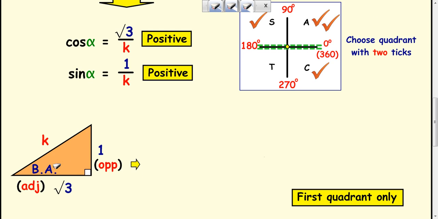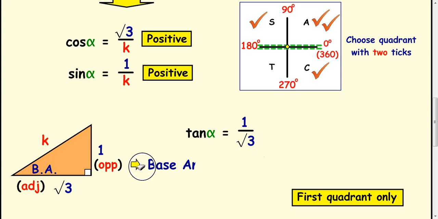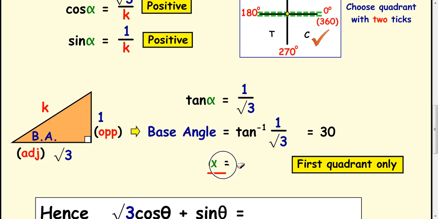So, looking at my triangle, this is tan, opposite over adjacent, so 1 over root 3. Find your relative acute angle, inverse tan, 1 over root 3, and that's going to be 30. It's an exact value. And that's our answer basically, because we're looking for the first quadrant solution.